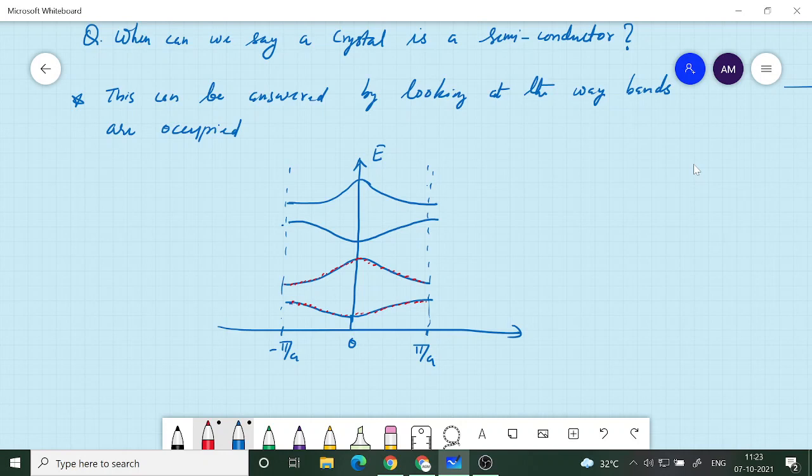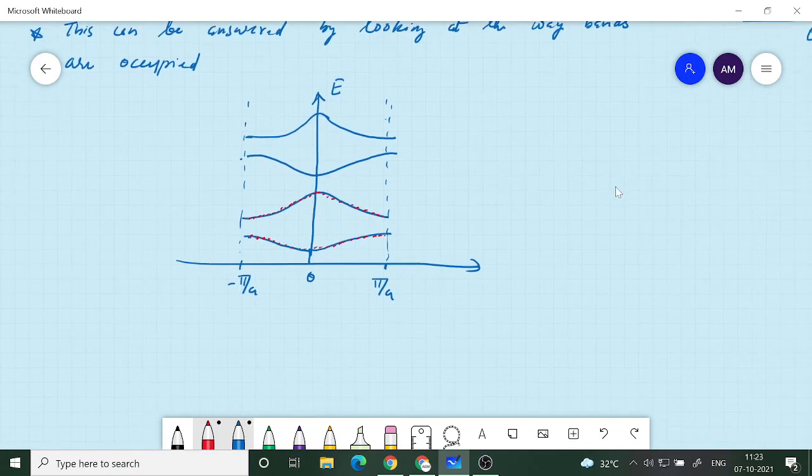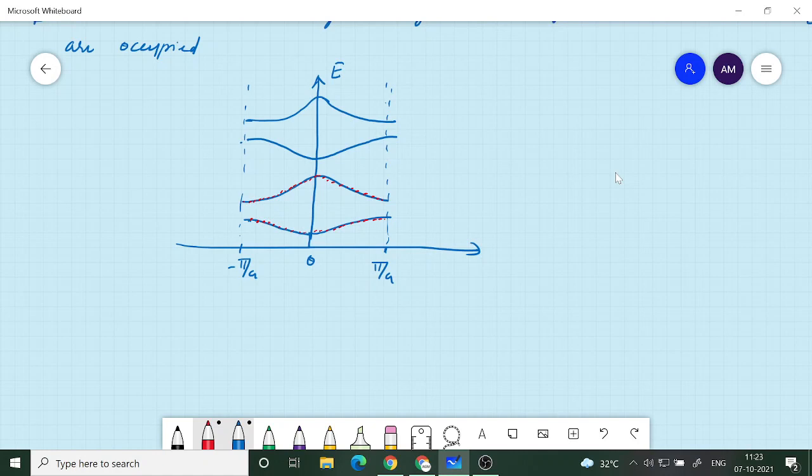Now if this is the way the bands are going to be occupied, let me also say that T is equal to 0 degrees Kelvin. That means there are absolutely no thermal fluctuations or anything like that. So all the electrons will occupy the lower states, because the electrons try to occupy the lower energy states first, and then go to the higher energy states.